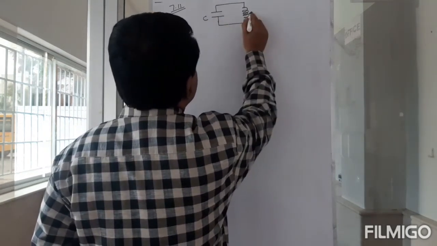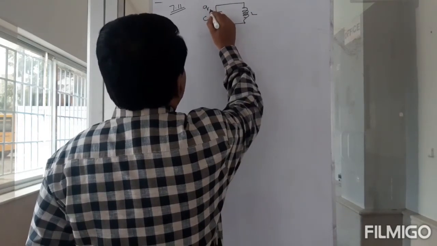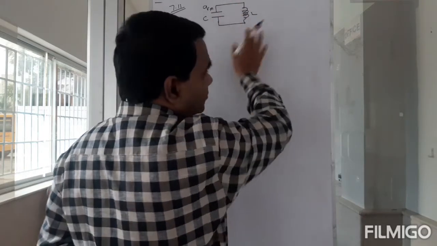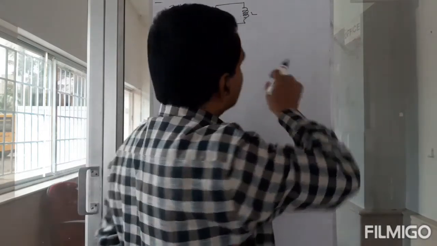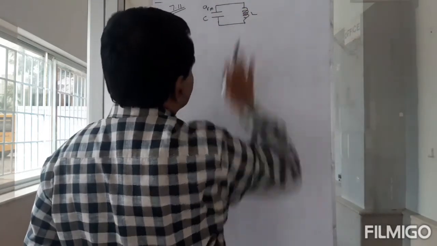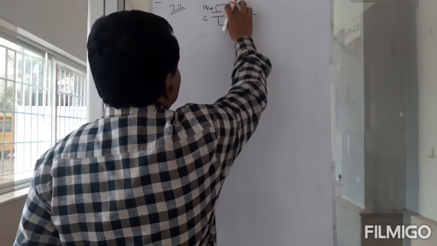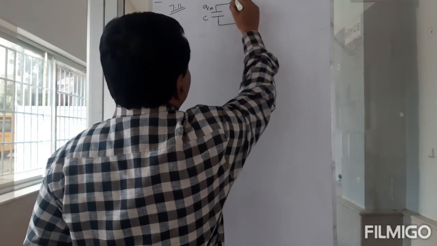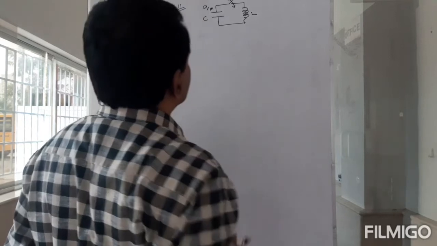This is C and this is L. To start with, I have Q maximum, and that will get converted into current, and the energy will be shared between these two things. So Qm is the charge you start with. If you close it, then current will start flowing.